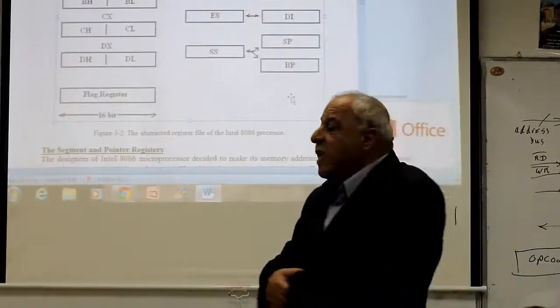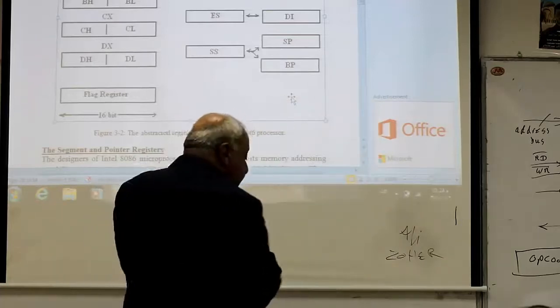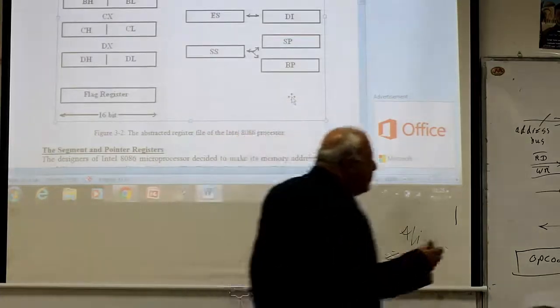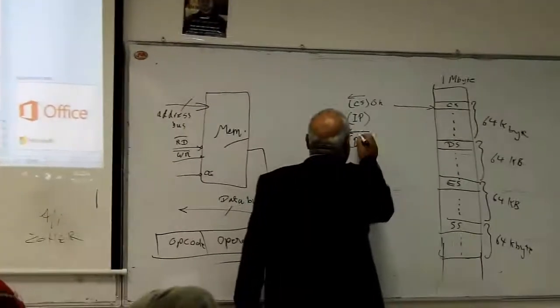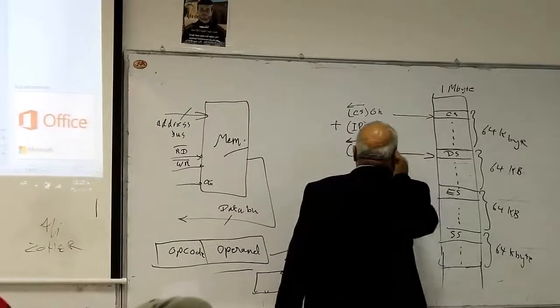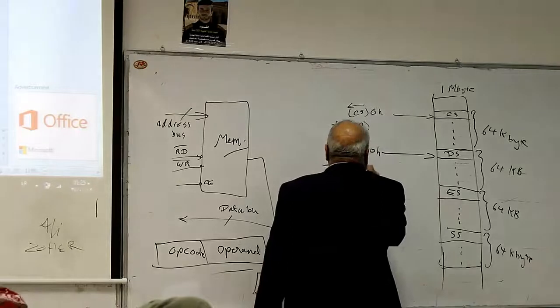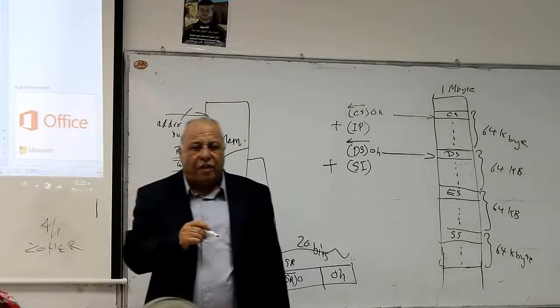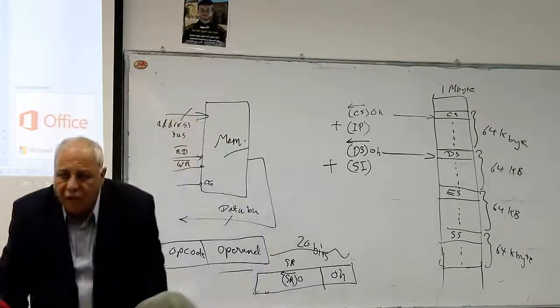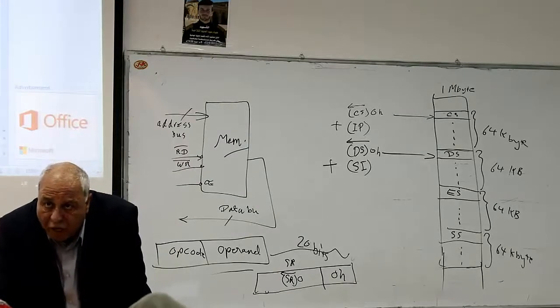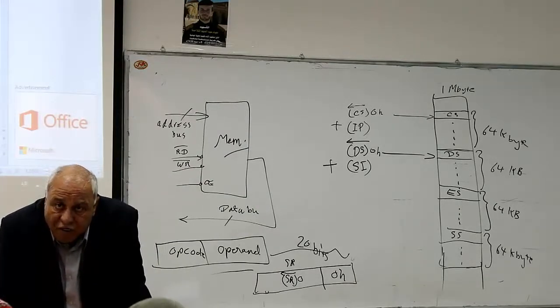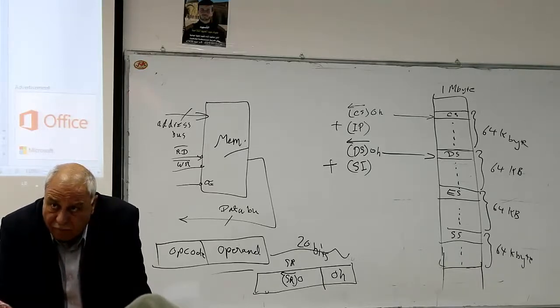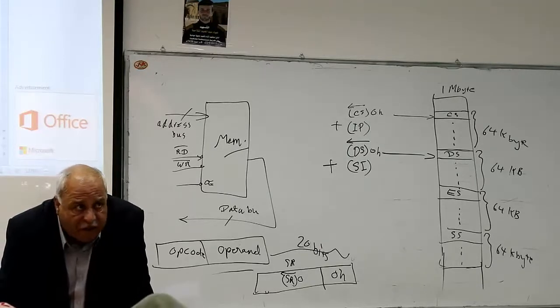Okay? The same thing applies to the data segment. Shift to the left by 1 hex digit plus SI. SI is the source index register. DS, the data segment, is always accompanied by a pointer called the source index register, SI. Again, you just specify the value.